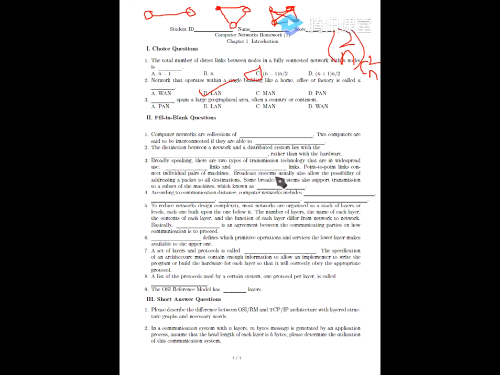Broadcast systems usually also allow the possibility of addressing a packet to all destinations. Some broadcast systems also support transmission to a subset of the machines, which is known as multicast.